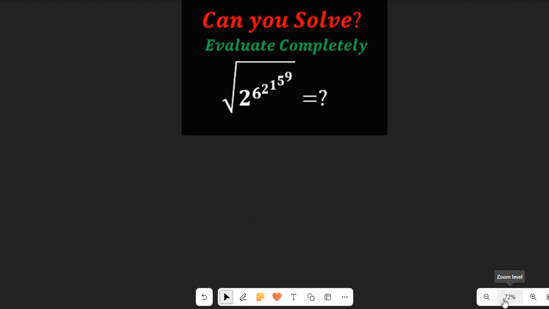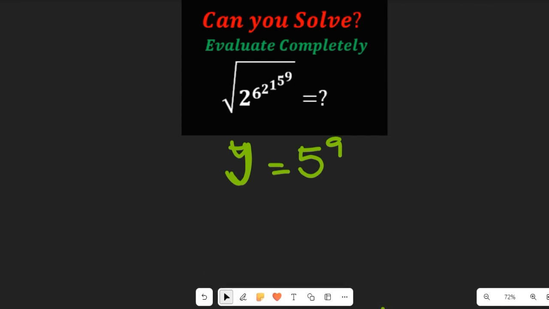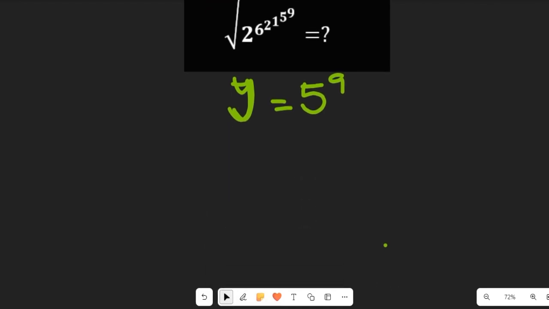Now, to solve this question, first of all, I'm going to assume the value of y to be equal to the first power, which is 5 to the power of 9. If I do that, I'm going to arrive at a solution. And what would the solution be?